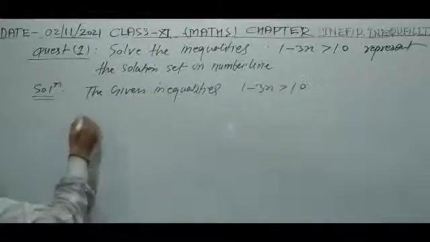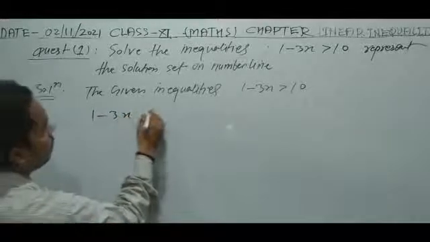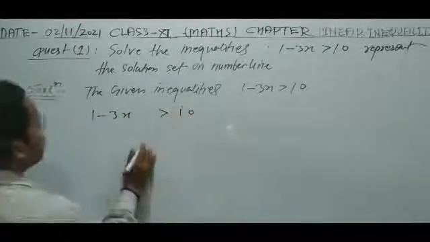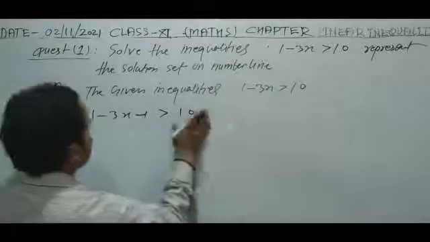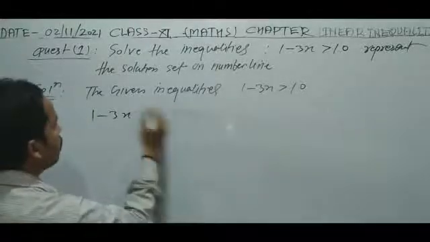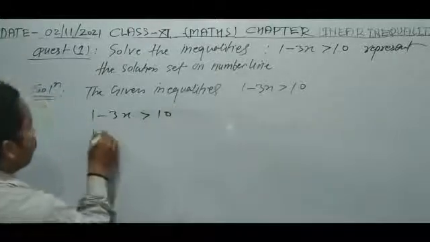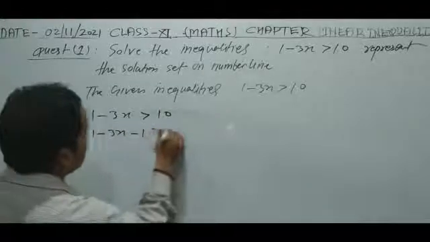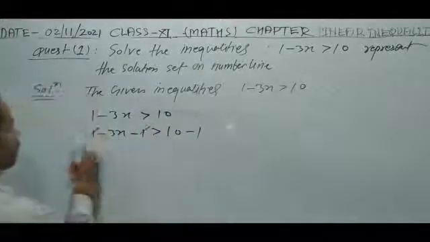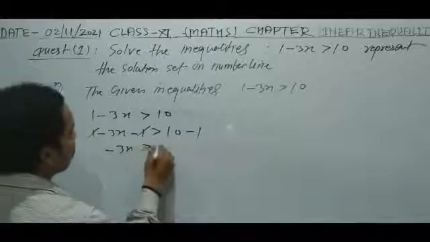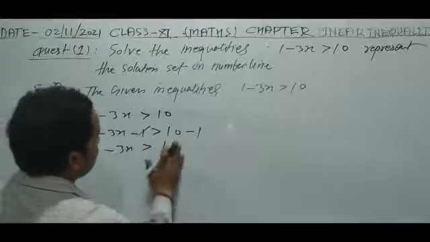Now we operate minus 1 on both sides: 1 minus 3x minus 1 is more than 10 minus 1, so the 1 cancels out. So minus 3x is greater than 10 minus 1, this is 9.